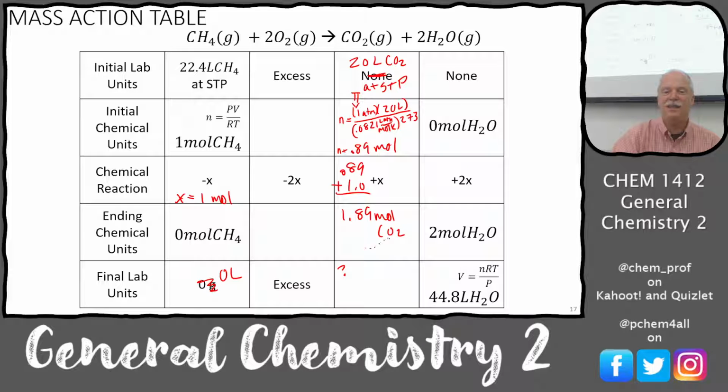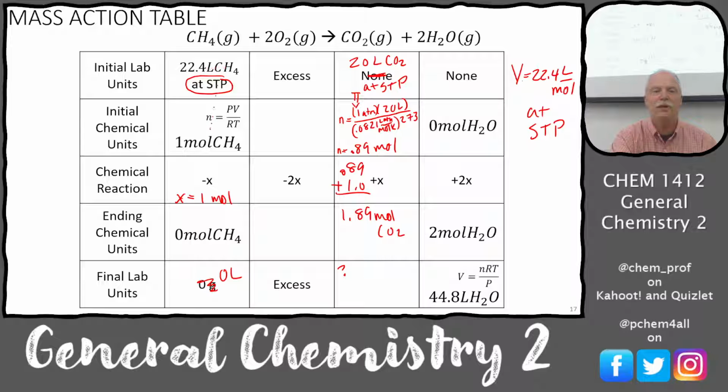If you want to see a trick on this, at STP, remember we're at STP, right? So if you're at STP, 1 mole is 22.4 liters. We verified that over here, right?